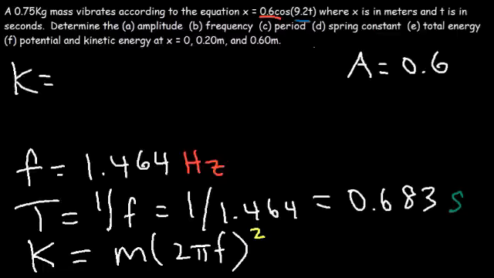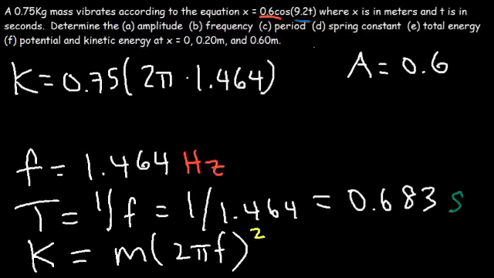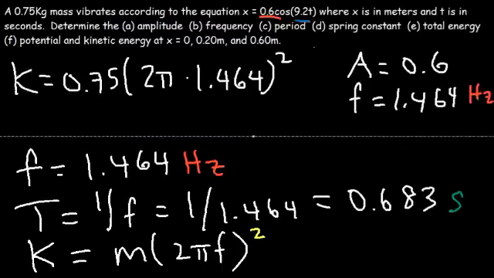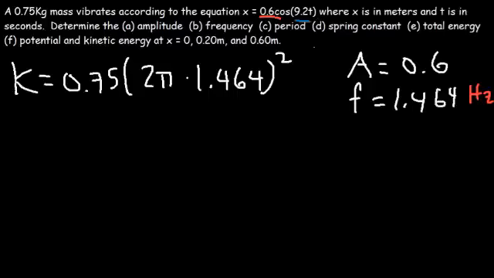So K is going to be the mass, which is 0.75, times 2 pi times the frequency 1.464, squared. Two pi times 1.464 is 9.198, and if you square that, you should get about 84.61, times 0.75.